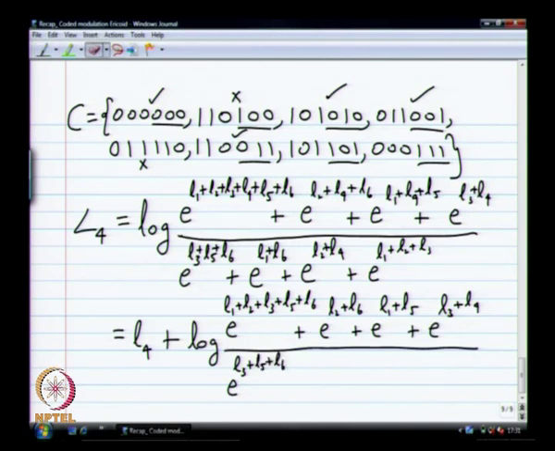Plus e power L1 plus L6 plus e power L2 plus L4 plus e power L1 plus L2 plus L3. Okay. All right.